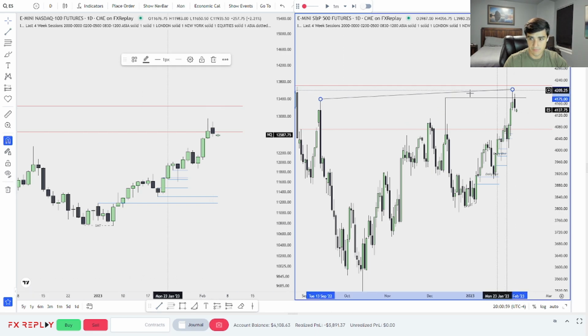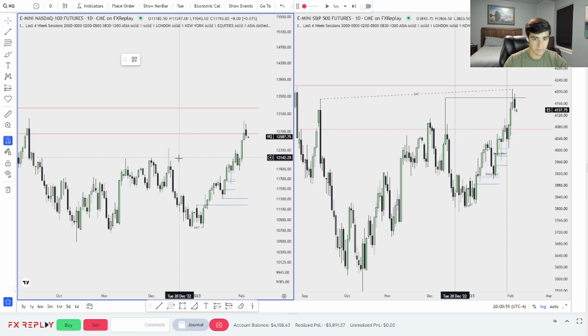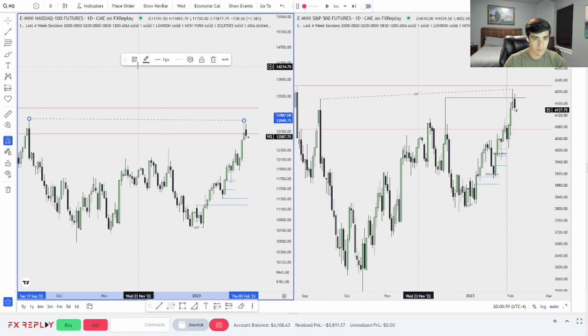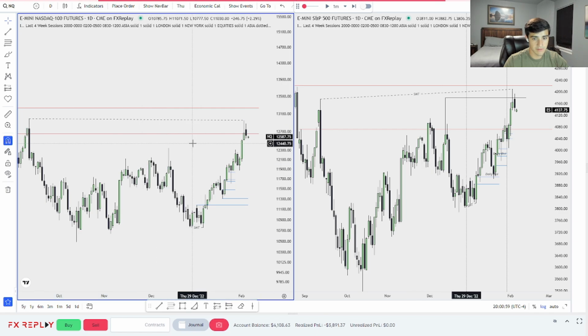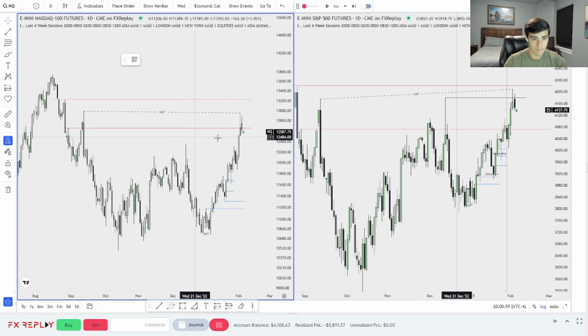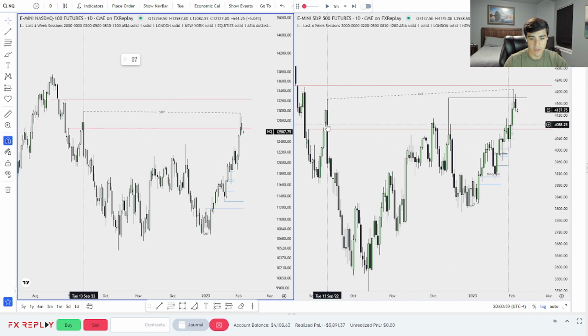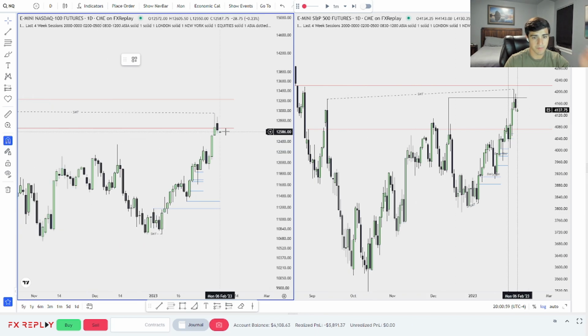Clear SMT, right? SMT relative to this high, the 13th of September. We're now forming a swing high.